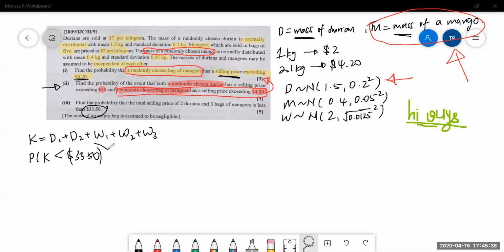What's the weight? $3.50 worth. 1 kg of durian is $7. But it's like trial and error already.